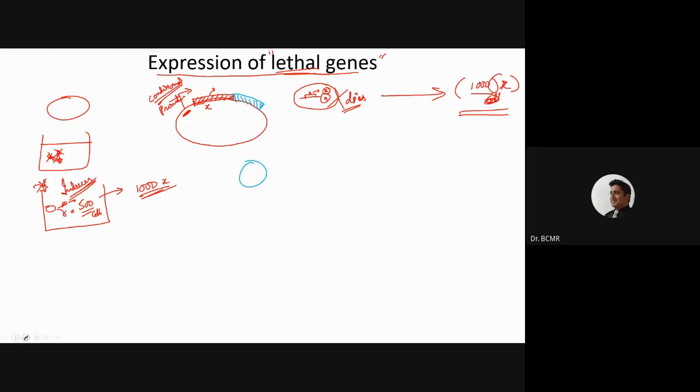Say I added lac-Z. It will produce a fusion protein with both the subunits like this. This is protein X, and the other one is the lac-Z part. Then we can produce as many as we want. There is no toxicity.